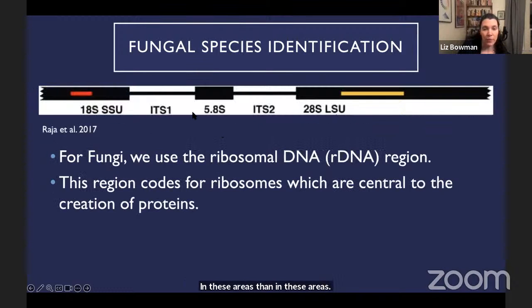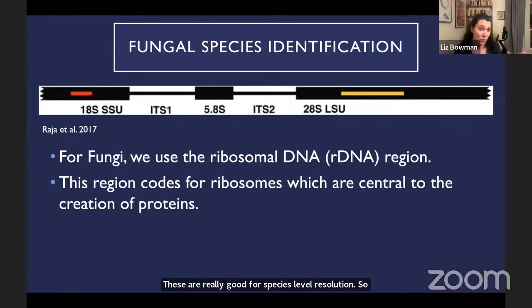So we can use this. ITS1 and ITS2, these intergenic regions, are really good for species-level resolution. If I want to determine whether two mushrooms, which look exactly the same, are the same species or not, I would use this region. But if I want to look at higher-level classification, maybe like family, I could look at these coding regions, which have slower rates of evolution.